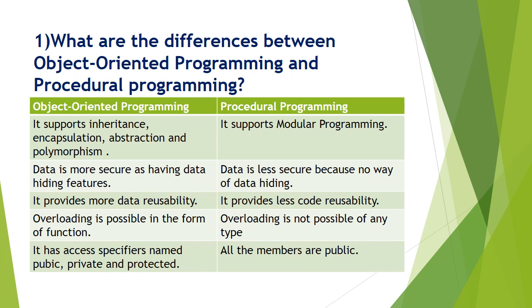The second difference is, in object oriented programming, data is more secure. Why? Because it has the feature of data hiding. But in the procedural programming approach, data is less secure because there is no way of data hiding.